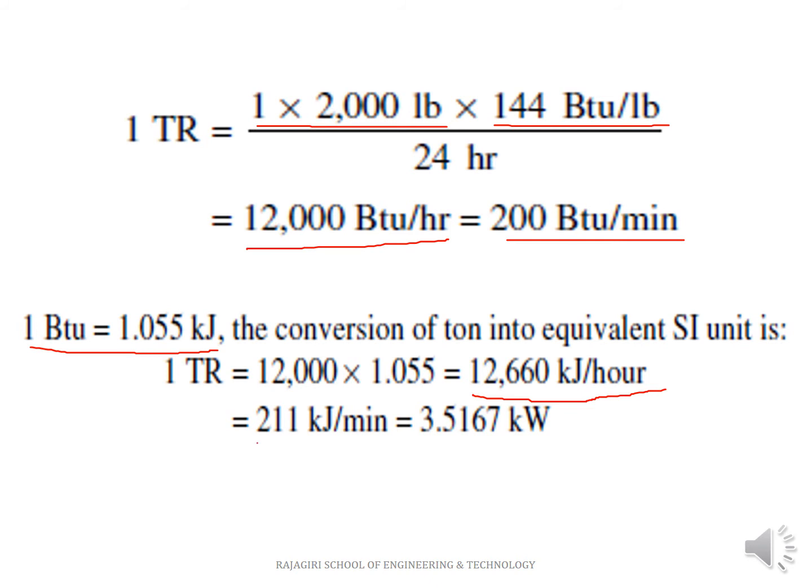That will be equal to 211 kilojoule per minute, that is equal to 3.5167 kilowatt. So 1 ton of refrigeration is equivalent to 3.5167 kilowatt or kilojoule per second.